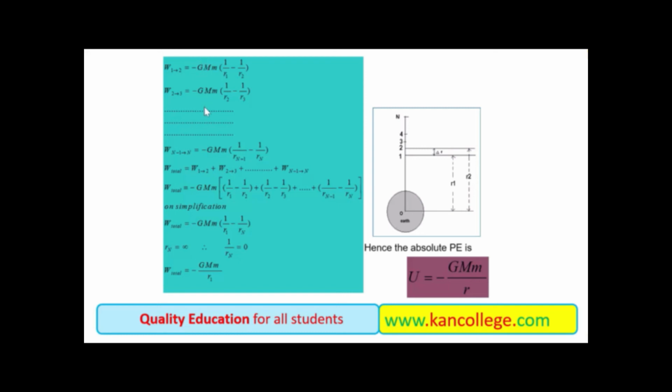Putting the values of all the works in this equation, the final shape is this, and if we simplify, then 1 over R2 will be cancelled by minus 1 over R2, and 1 over R3 will be cancelled by minus 1 over R3, and so on. Minus 1 over Rn minus 1 will be cancelled by plus 1 over Rn minus 1. Only the first and the last term will remain not cancelled. All the remaining terms will be cancelled by each other.